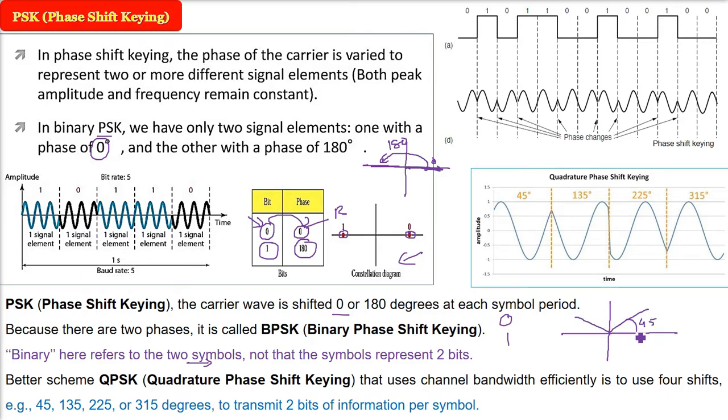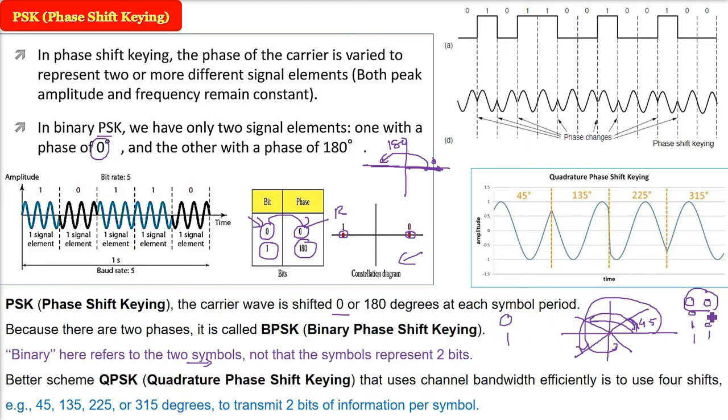This angle is 135 degrees. This angle from the positive x-axis is 225 and this whole angle is 315 degrees. Now this scheme is QPSK. We are using 4 different angles. One can be used for 0, 0, second can be 0, 1, third can be 1, 0, fourth can be 1, 1.